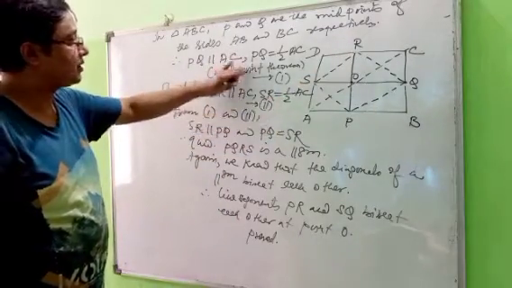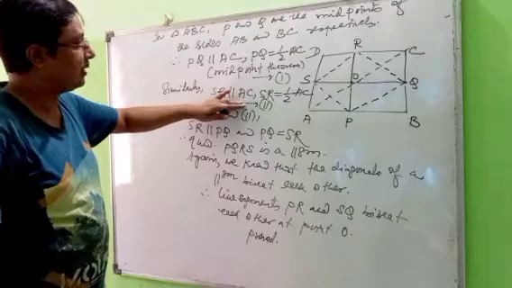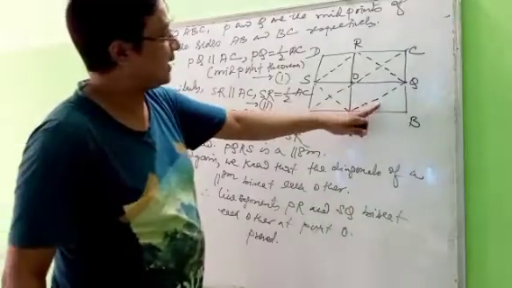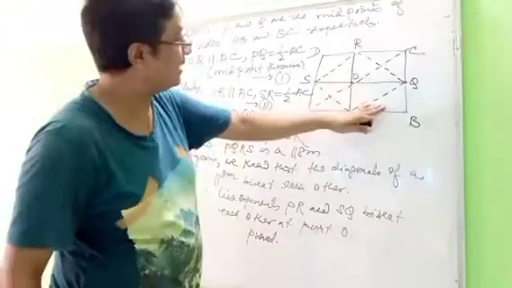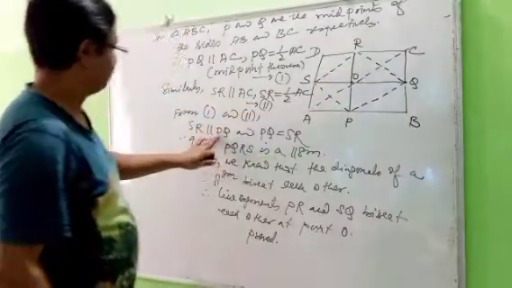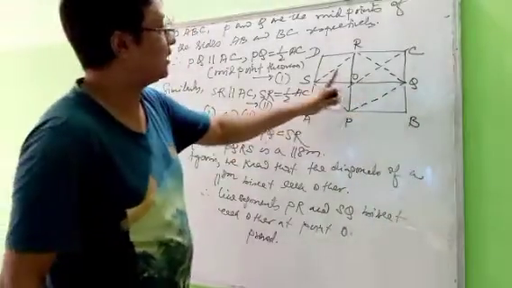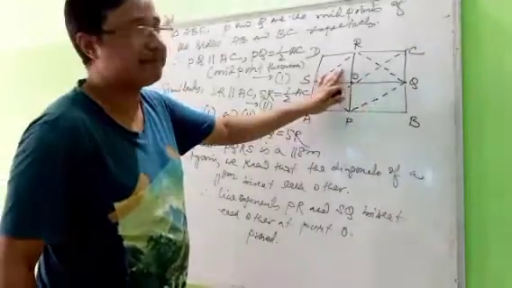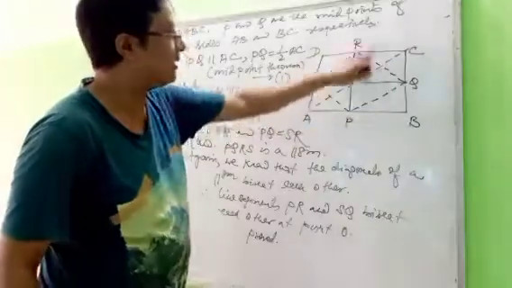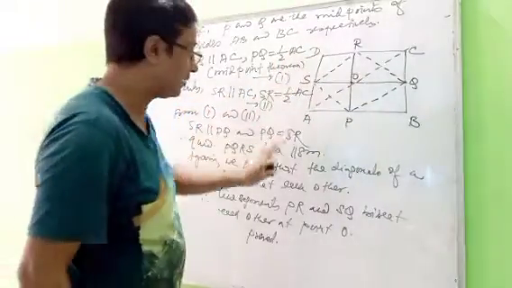So by comparing these two equations, you have got that the same pair of opposite sides are equal as well as parallel. That means PQ parallel to SR, and PQ equals to SR. Therefore, the quadrilateral PQRS is a parallelogram.